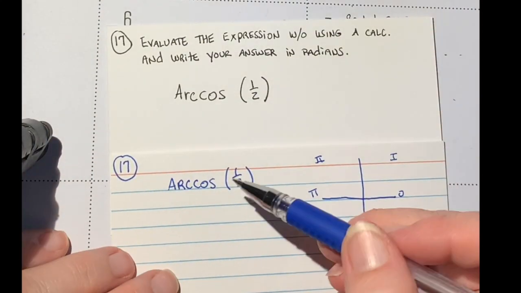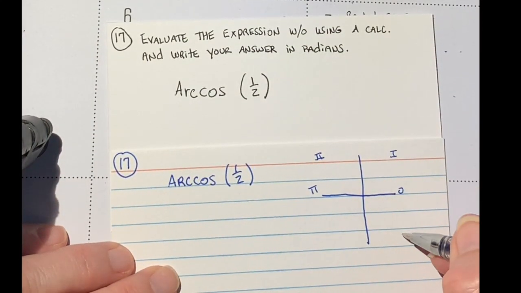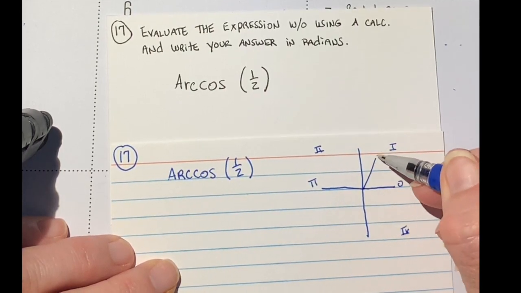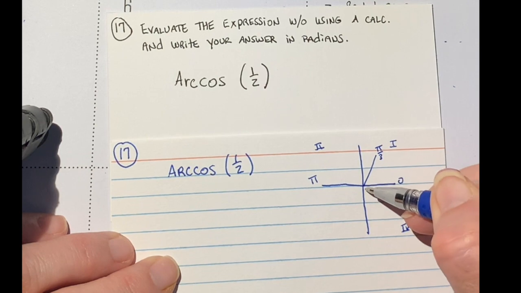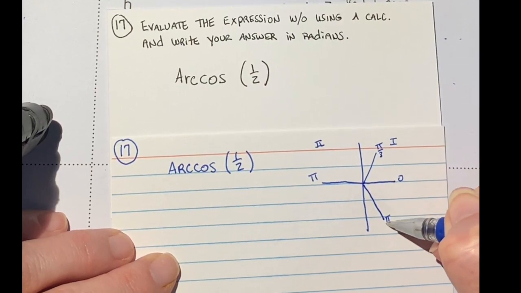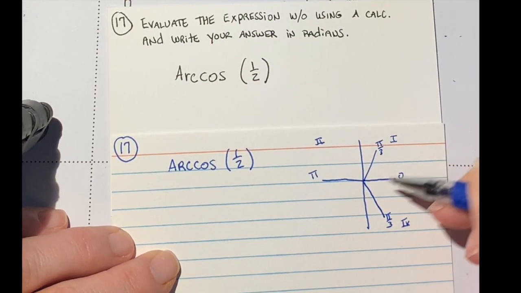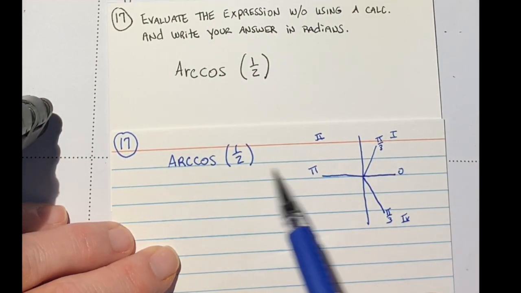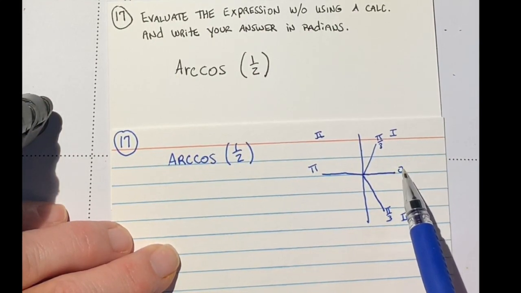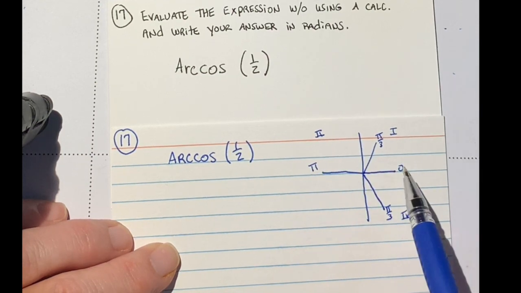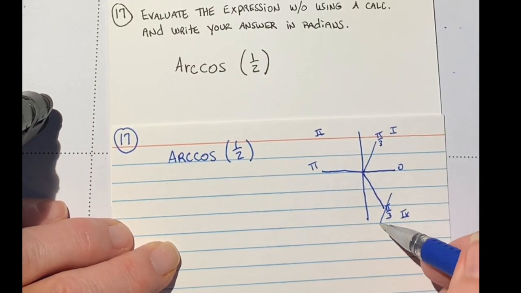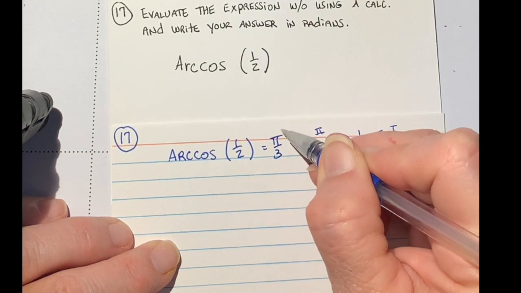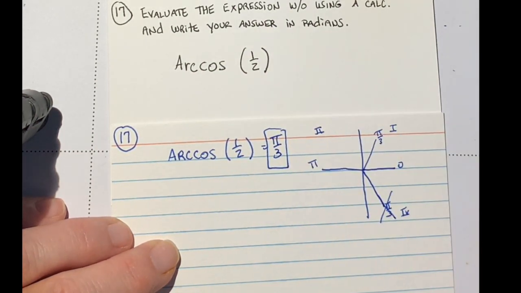Okay, but cosine is positive in quadrants 1 and 4, since it's the x. So it would be the pi thirds angle here or a pi thirds angle down here, negative pi thirds or positive pi thirds. But because of the restrictions on the domain, inverse cosine can only be in quadrants 1 or 2. It has to be between 0 and pi. So that's how I know that it's just plain pi thirds. It is not negative pi thirds.